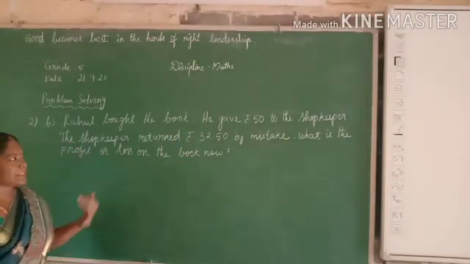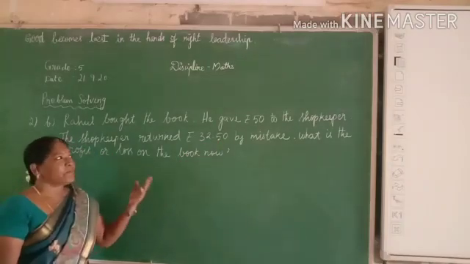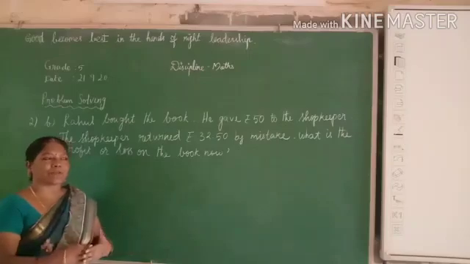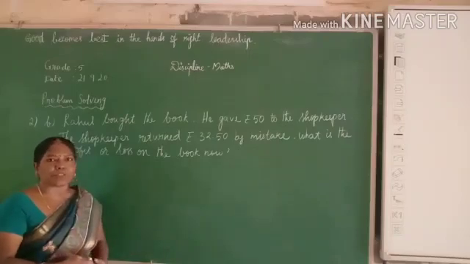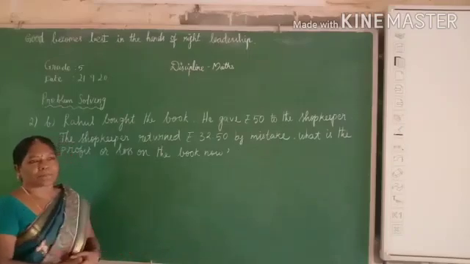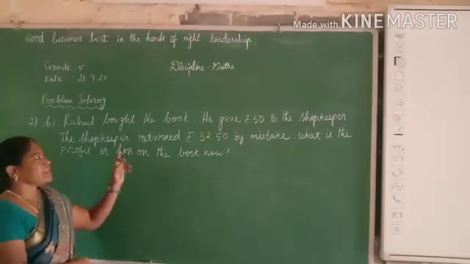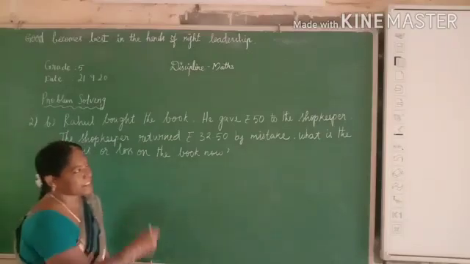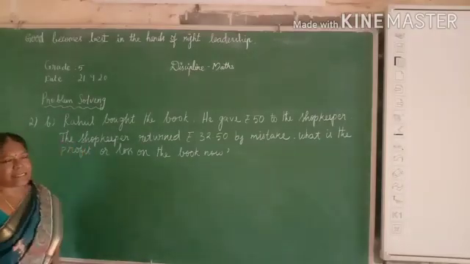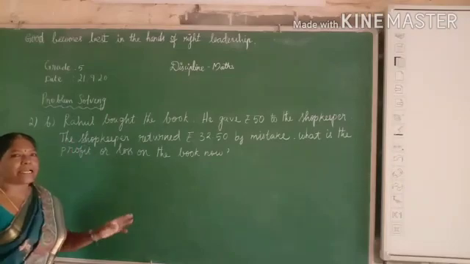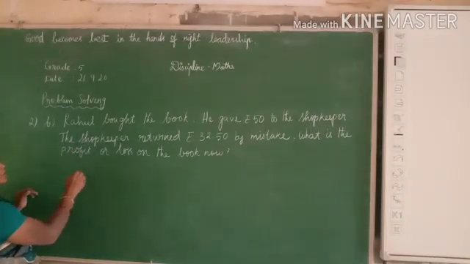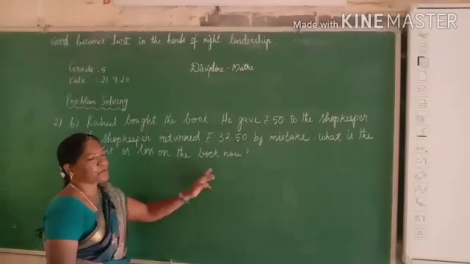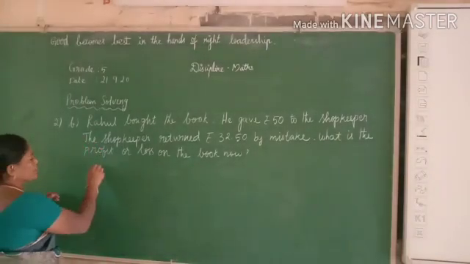Then the shopkeeper returned 50 rupees minus 27.50, the remaining rupees, to Rahul. Now by mistake the shopkeeper returned 32 rupees 50 paise. So what is the profit or loss? The shopkeeper earned a profit or loss on the book now? So now come to the solution.